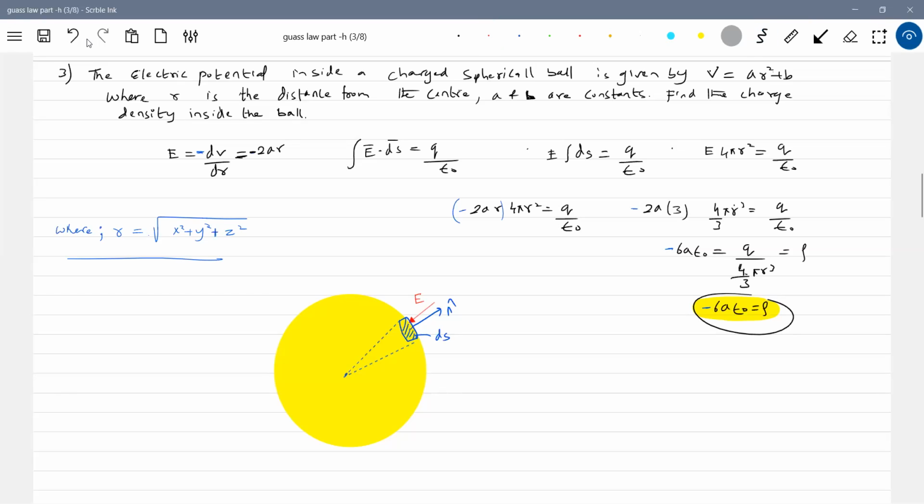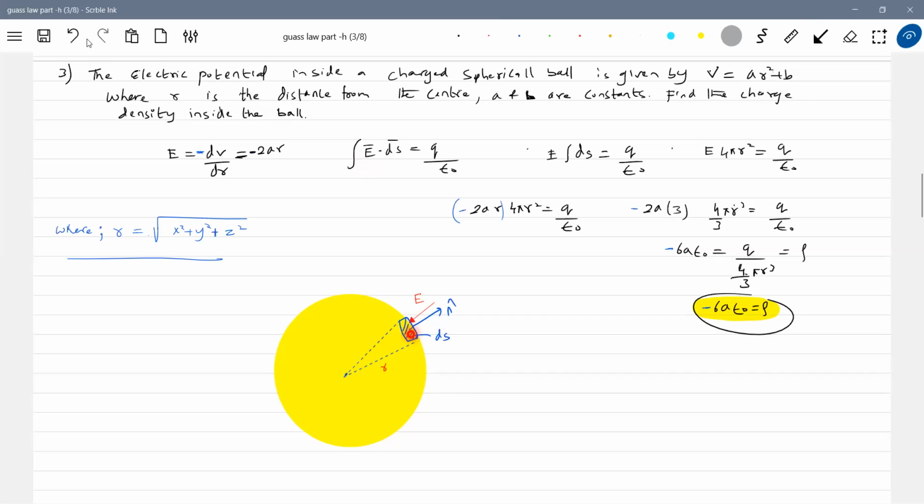E bar, keep it here: minus 2a r bar. No, r bar is distance measured radially outward. Okay, agreed. So now what will happen?